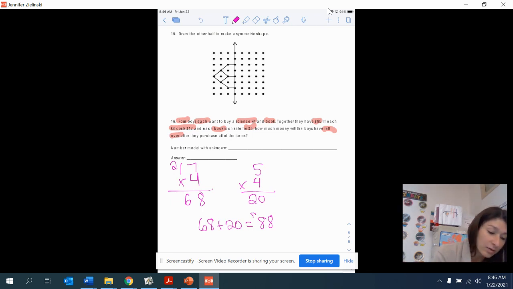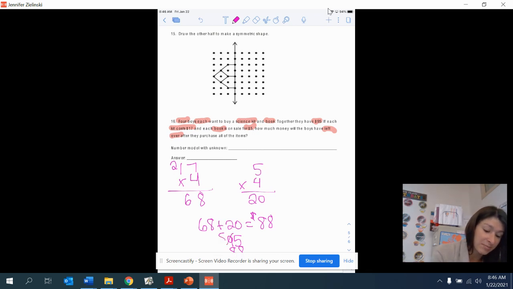But now I still haven't answered the question. It says, how much money will the boys have left over after they purchase these items? Well, I'm going to take my $95 because that's what I know they had, and I'm going to subtract my 88.